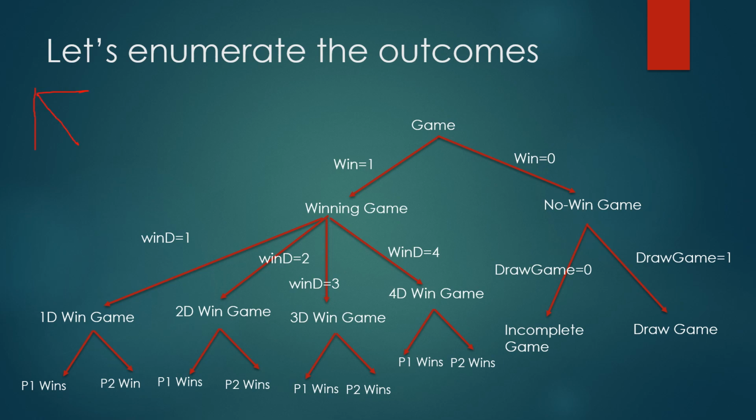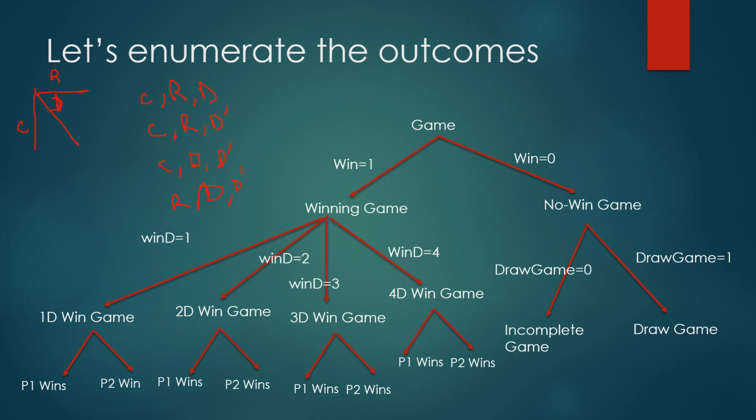So 3D win can happen across column, row, diagonal, or column, row, reverse diagonal, or column, diagonal, reverse diagonal, or row, diagonal, and reverse diagonal.